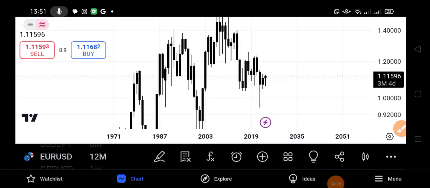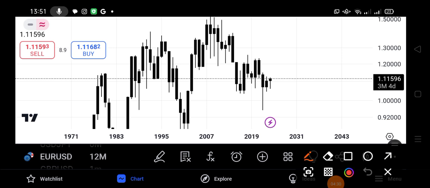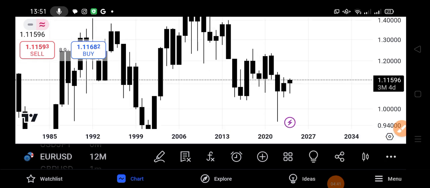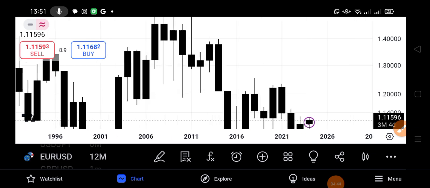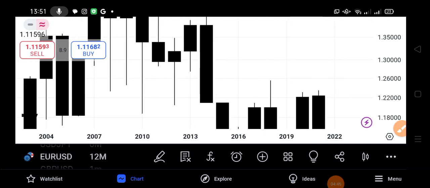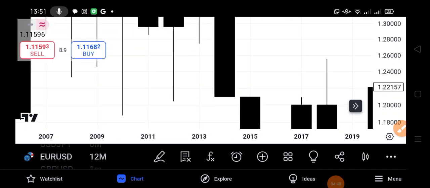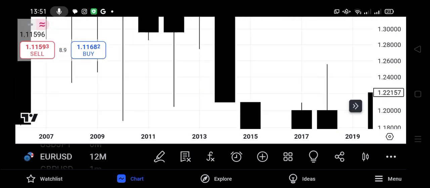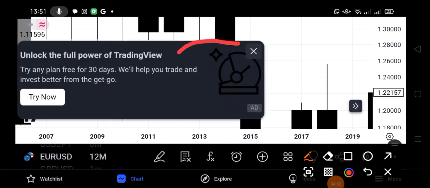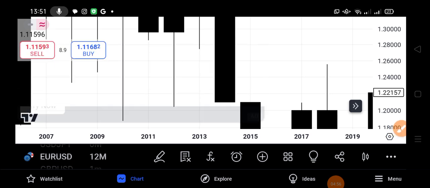So what do I mean by balancing price? If you check this area here, there is something called a fair value gap, right? A fair value gap is the area between three candles, the space between three candles. So the space I'm referring to right now is this space right here. This is going to take a while.